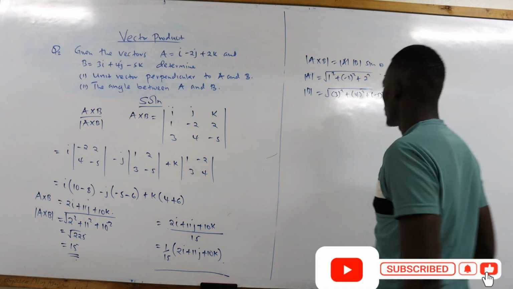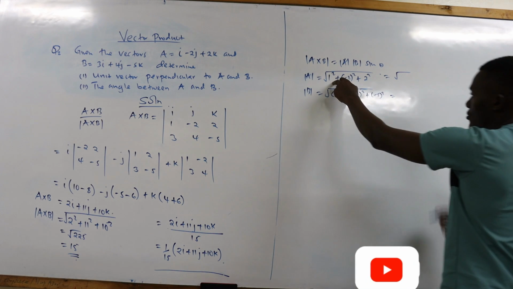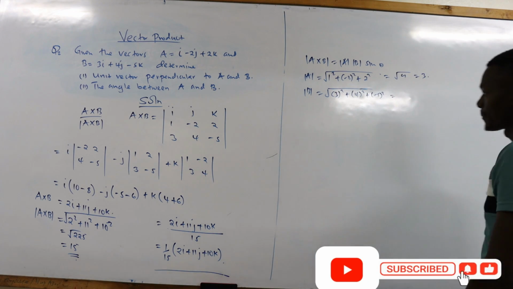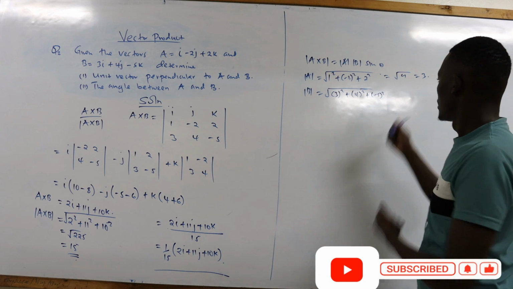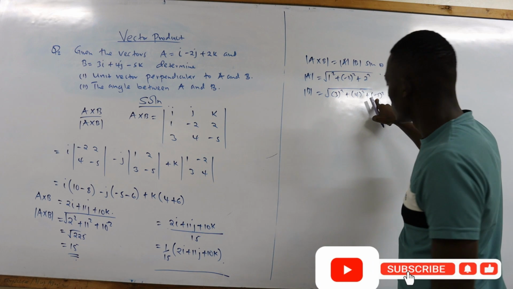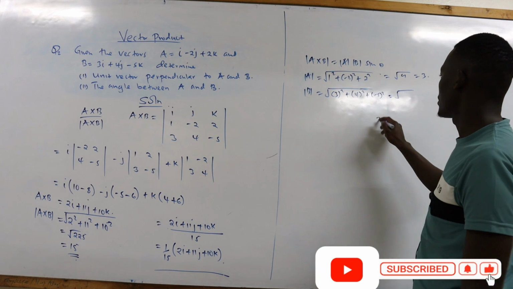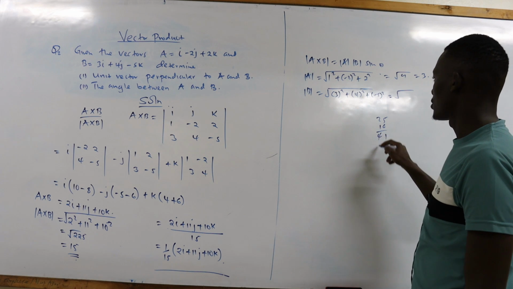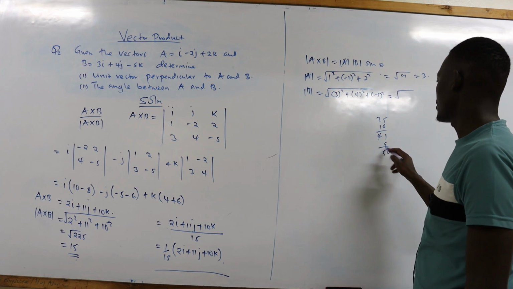So this one is the root of what? This one is 8 plus 1, 9, which gives us 3. So we have the root of 25 plus 16, which gives me 41, then plus 9, then we have 50.